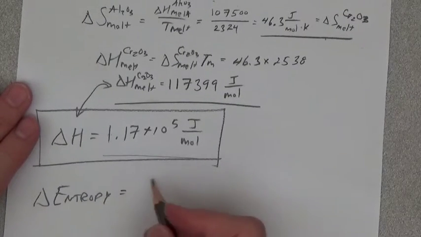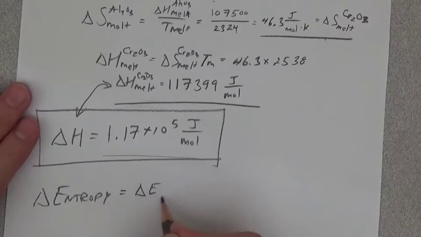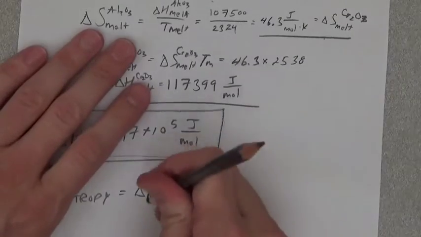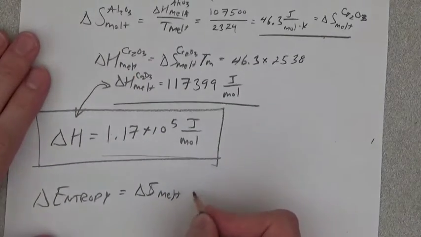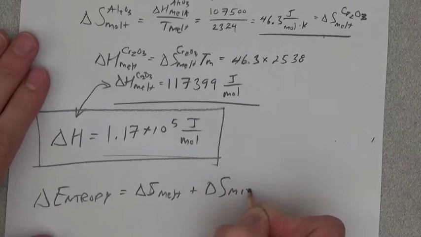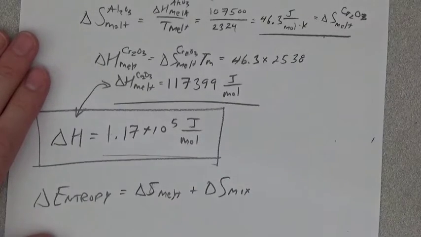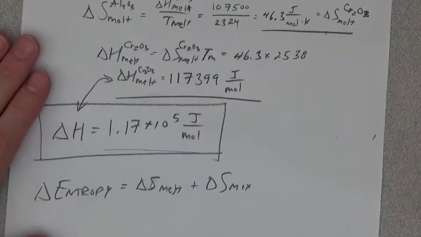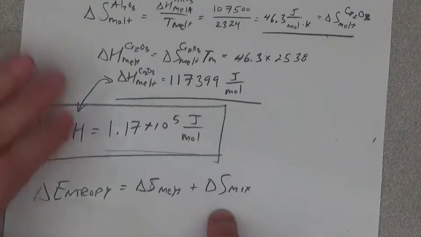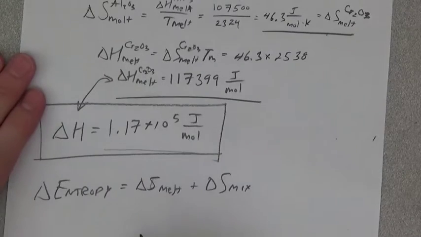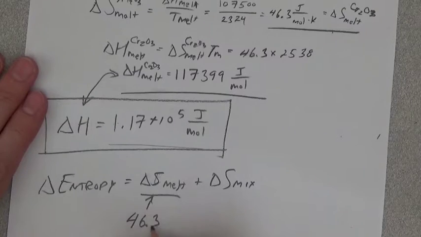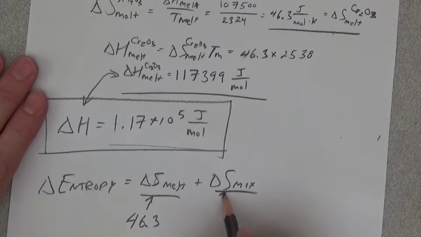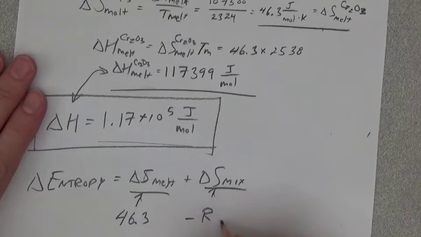Now the entropy. Well, there's going to be a contribution from melting, delta S melt, and delta S of mixing, because remember, when we were doing the ideal solution, the entropy came purely from configurational. So that is 46.3, and delta S of mixing is minus R natural log of the activity.